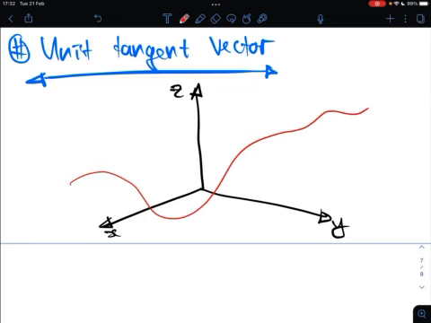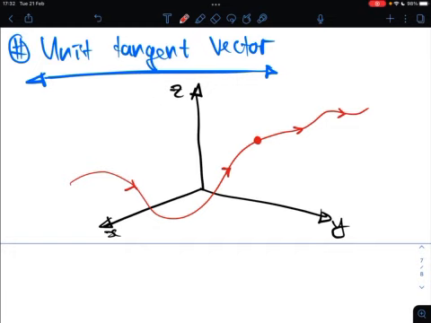Suppose at some instant you spot the particle here and it's moving in that direction. Suppose now someone would ask you, how could you define the direction in which this particle is heading at this point? Or what is the direction of this particle at that particular point where it is standing right now?